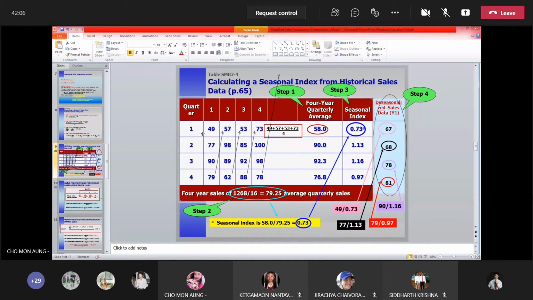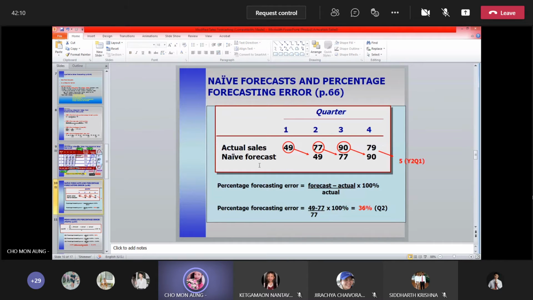Okay. This is according to the naive forecasting method. Think about it. Now let's look at quarter two. Quarter two, actual 77 and forecast 49. What is the difference between these two, actual and forecast? The difference is quite large, right?